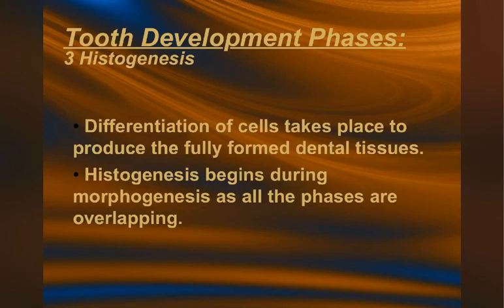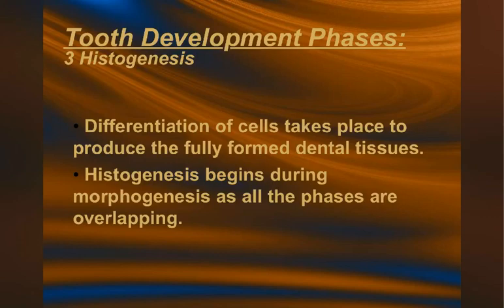The third phase is histogenesis, and histogenesis means differentiation. Differentiation of cells takes place to produce the fully formed dental tissues. Histogenesis begins during morphogenesis, as all phases are overlapping.